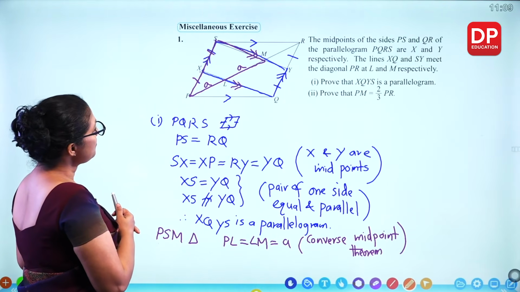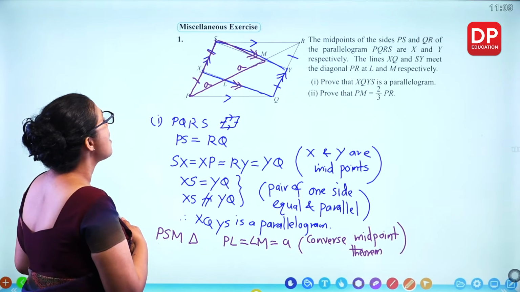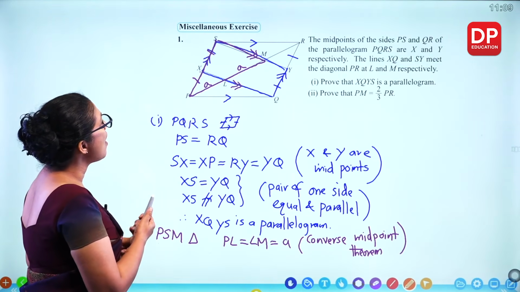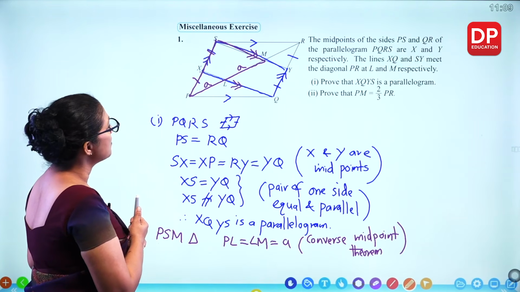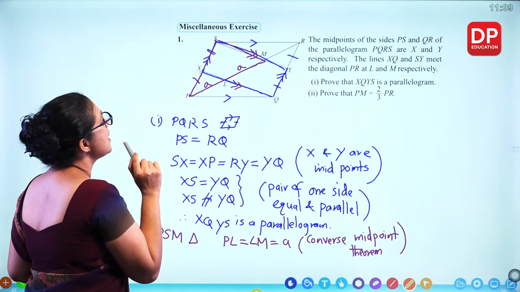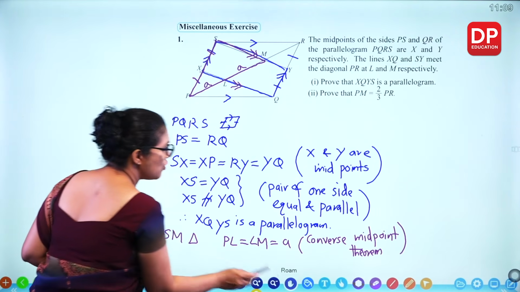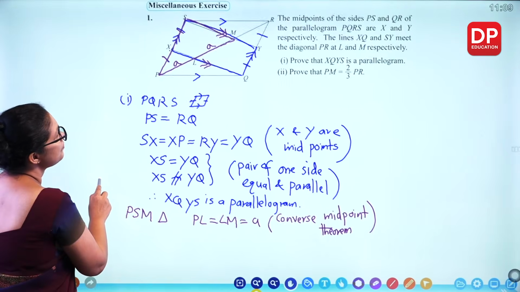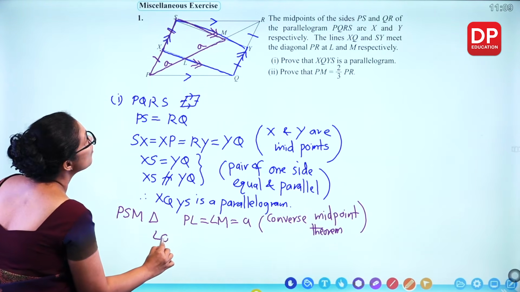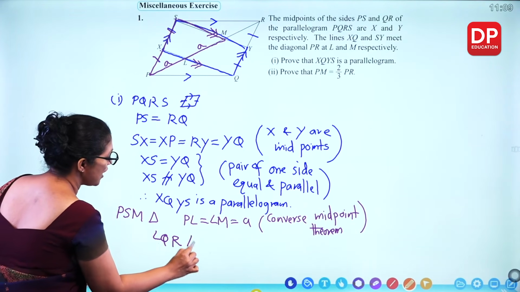Then what can I say about PR? PR is the diagonal of PQRS parallelogram. Take this one, LQR triangle. When you take LQR triangle, what can you say?